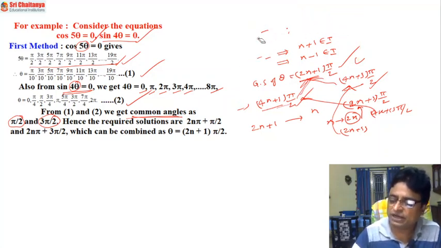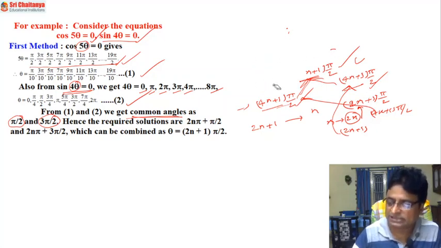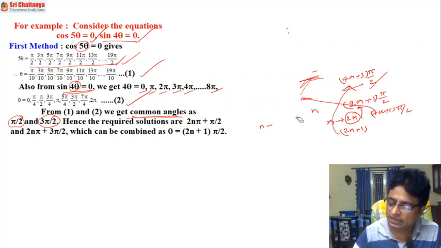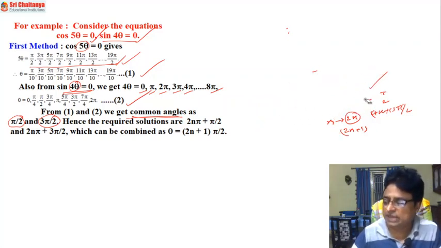So here what I am repeating and what you have to practice is that if n is an integer, n minus 1 is also an integer, n plus 1 is also an integer.